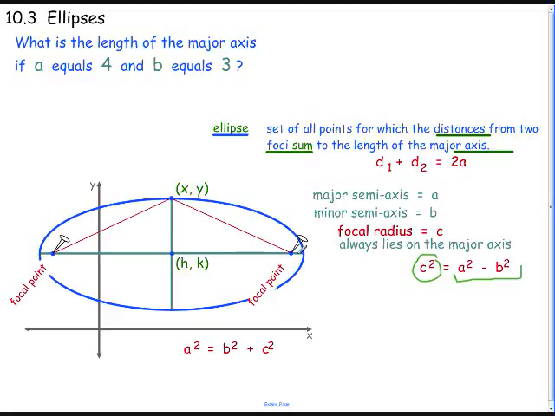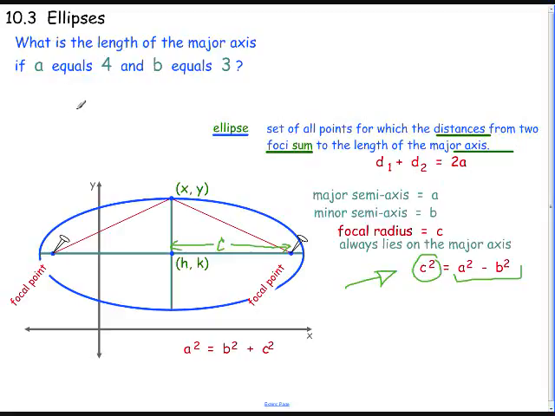That distance is a. So you square that distance, and then you subtract the distance from the center along the minor axis to the ellipse, square that distance, and you subtract it. And that will give you the distance that the focus is from the center. So that's a very important piece to remember.